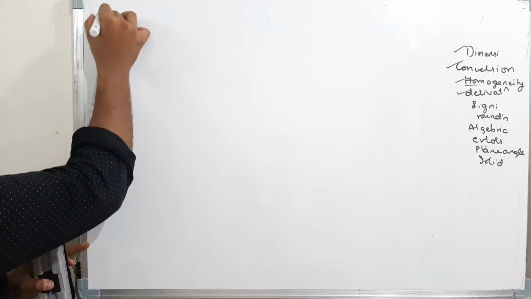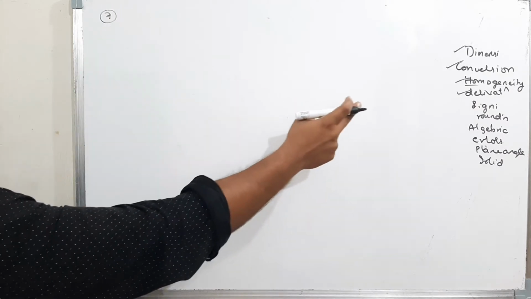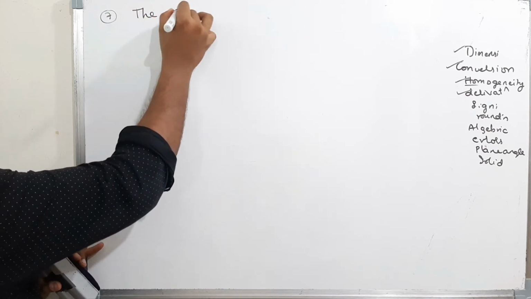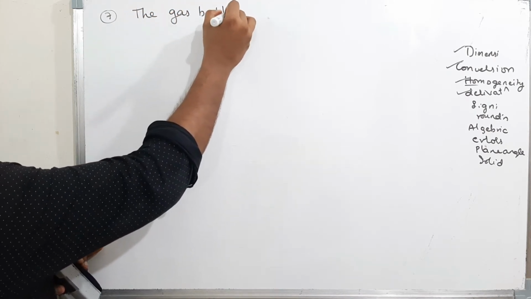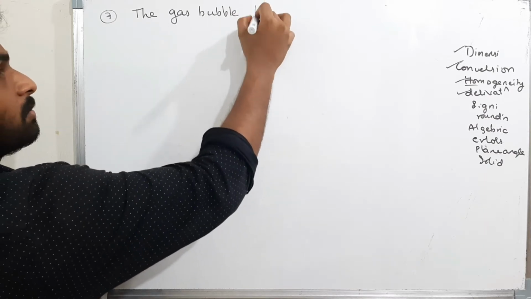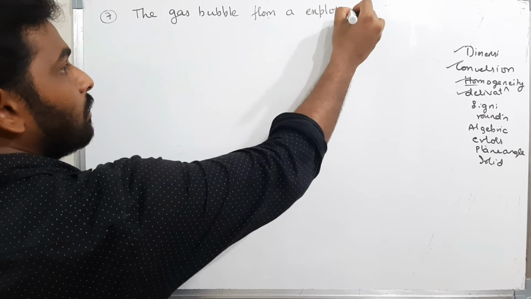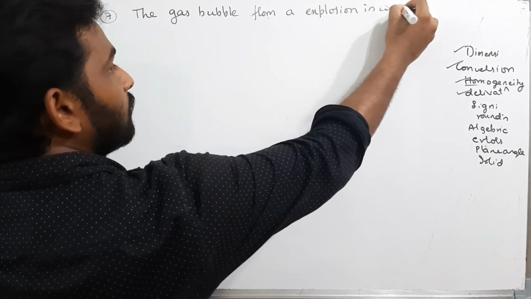Seventh question. We will see the problem in derivation of a formula. Now see here.